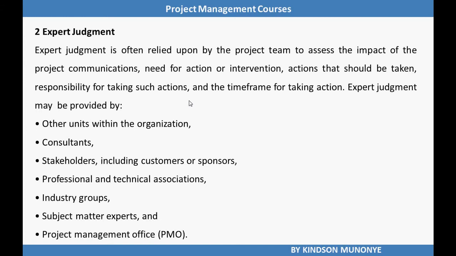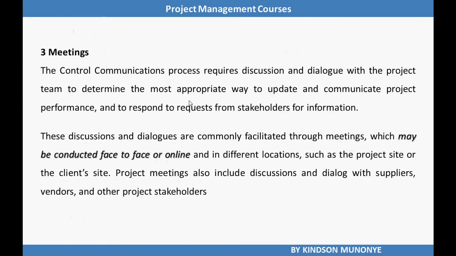So leveraging their knowledge to be able to control communication might be very effective. And then we have meetings. Meetings are necessary for controlling communication. It may be a discussion between as few as two persons or the whole project team meeting together to discuss.